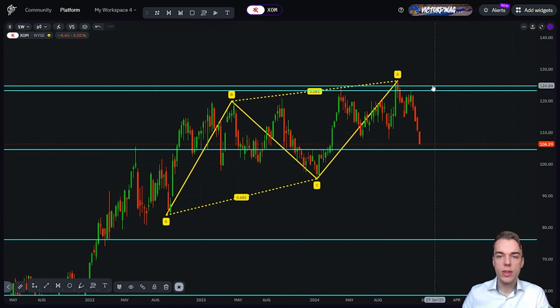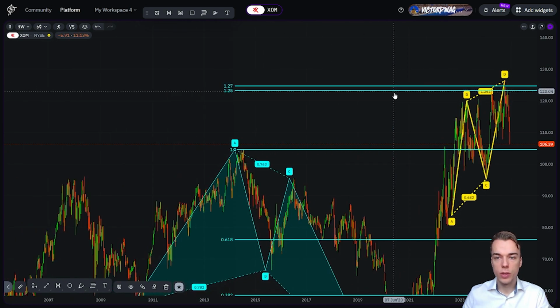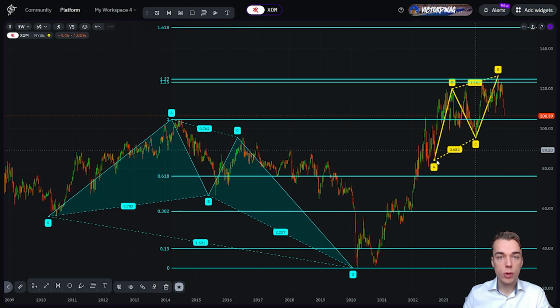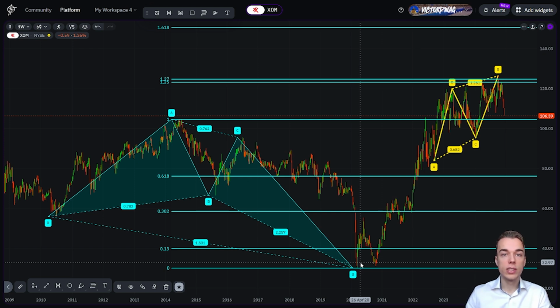Here you can see that we had not only the high of the consolidation, but also the pattern point D at the 127 rebound of the superordinate XABCD, which is the butterfly right here, which is also what we're really looking for. We always want to have as many points, as many levels line up with one another to get the best possible entries.